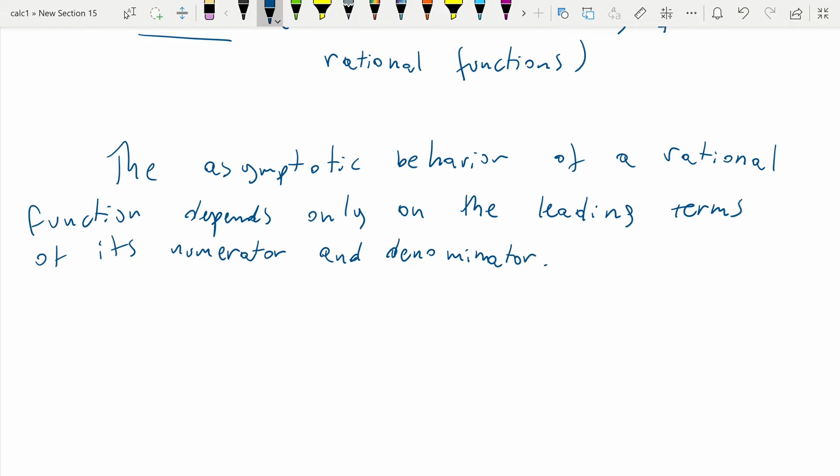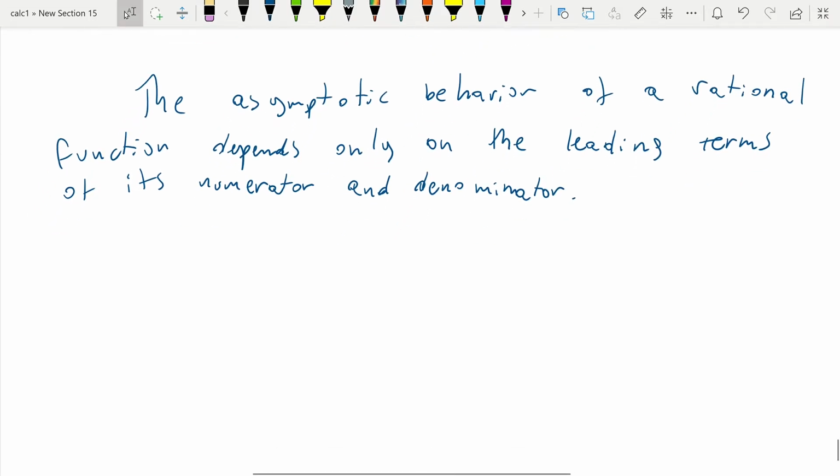So this is the actual principle, and this is why we can apply the same thing to other functions that may not be rational. So how does it work?